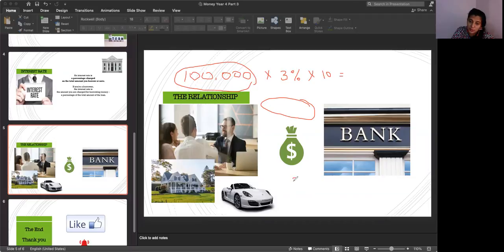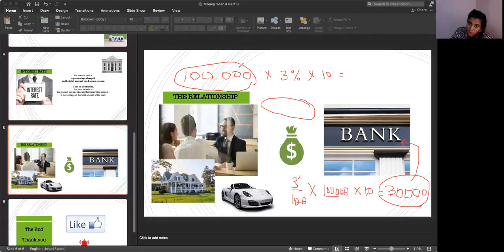So to do the calculation over here, I first work with my 3%, multiplied with 100,000. Okay, cut the two zeros here. And of course, 10 years is my loan. All right. So over here, I have 1,000 times 3, which is 3,000, times 10 would be 30,000, which means, girls and boys, after 10 years, you would pay the bank 30,000 extra as interest.